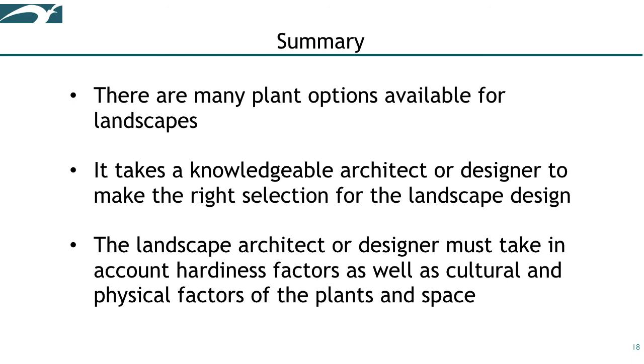It takes a knowledgeable landscape architect or designer to make the right selection for the landscape design. The landscape architect or designer must take into consideration all the things we've talked about: the hardiness factor, as well as the culture and physical factor of the plant and landscaping space.